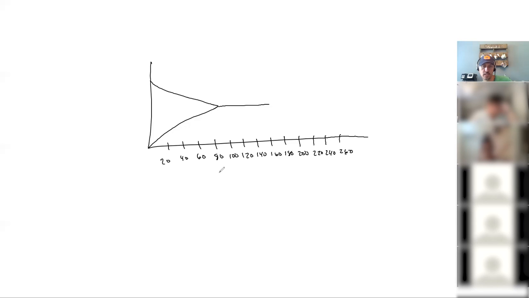Those last two marks are a little close, sorry. So that's time, and this axis over here is the reaction rate.